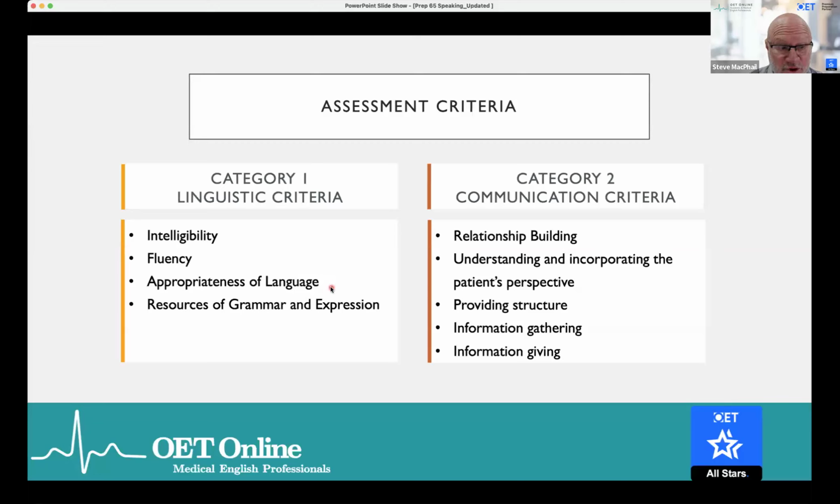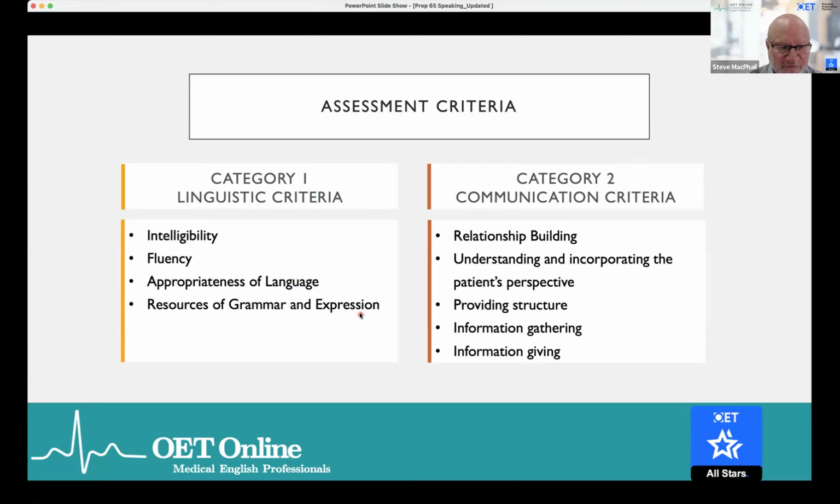Appropriateness of language, that's related to vocabulary and also, as a health professional, you have a lot of jargon that your patients may not understand. So you need to be able to express technical jargon in easily understood language by the general public.